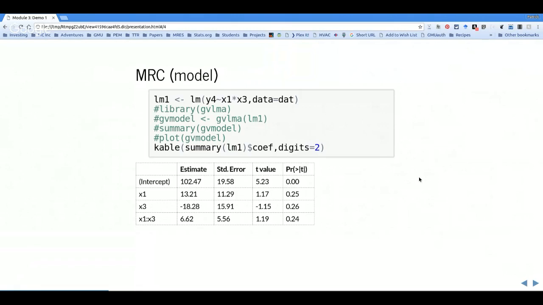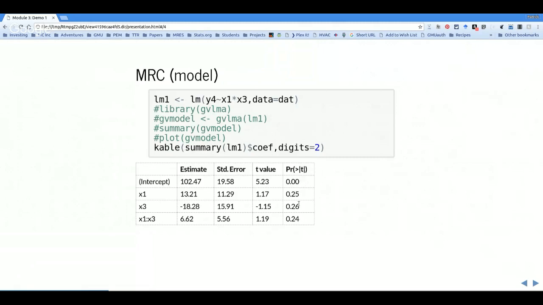I ran my first MRC model using Y4, and I used X1 and X3 as predictors because I thought that they were, well, marginally interesting. And you'll notice that I have intercept, which is B0, X1, X3, and then the interaction between X1 and X3.